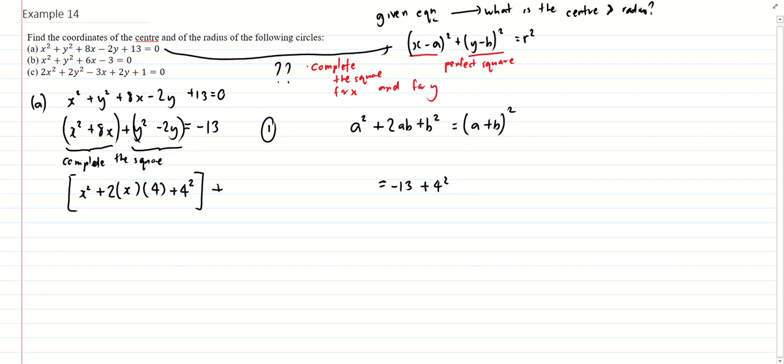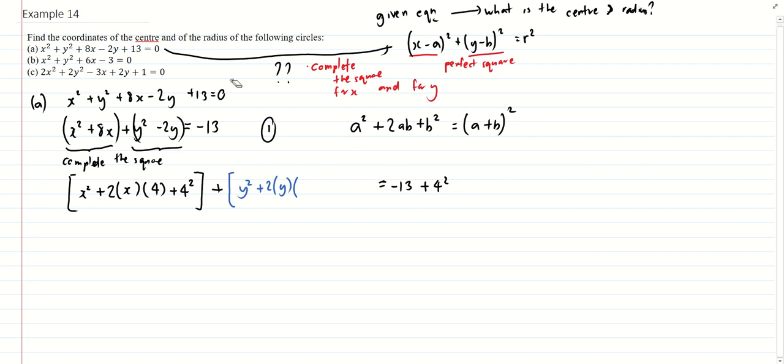Then do the same thing for y. So y square plus 2 bracket y, and basically this is minus 2y, right? So I will have negative 1. In fact, because it's minus 2y, I will not be using this one.